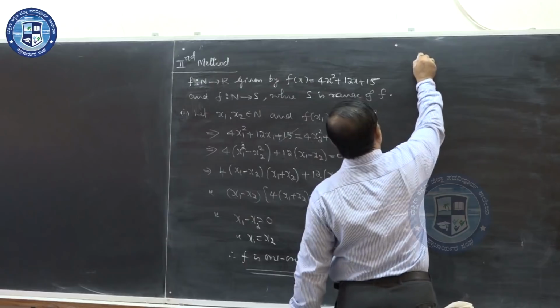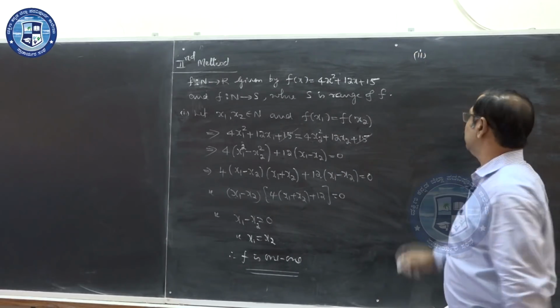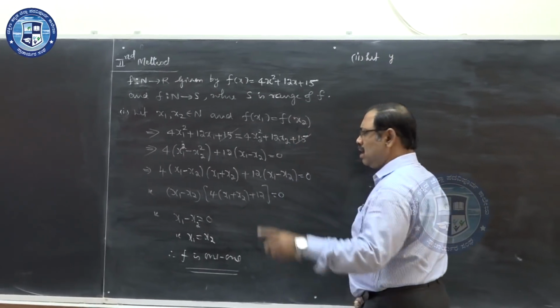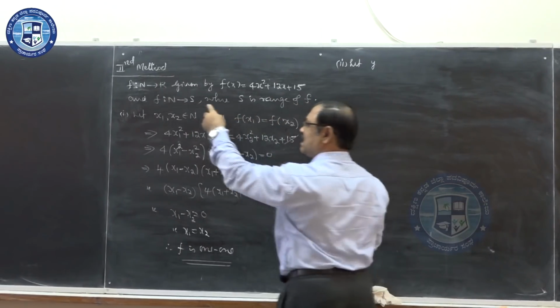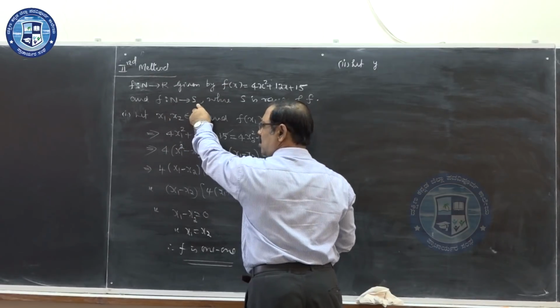Then, second, you have to prove that the function is onto. Onto means for y belonging to S there exists x belonging to N such that f of x is equal to y.